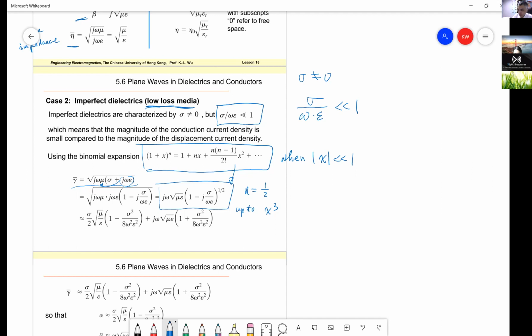We can find the imaginary part and the real part of this gamma. We can write it in this form: this is alpha, and this is beta.